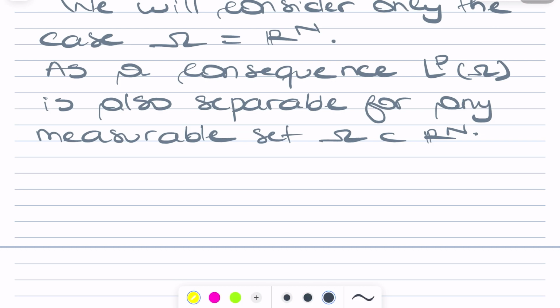So if Omega is actually equal to R^n, then L^p is actually separable for any Omega included in R^n.